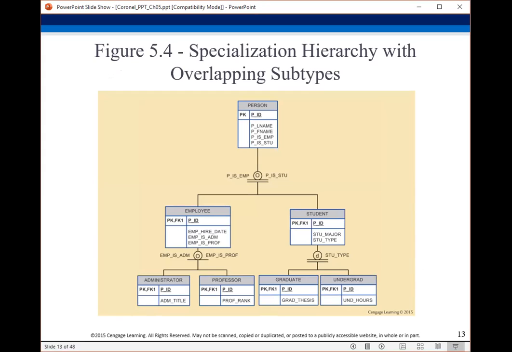So here we have an example of overlapping subtypes. We have a person, and that person can be both an employee and a student, because employees have tuition remission. They may take classes that they're interested in.